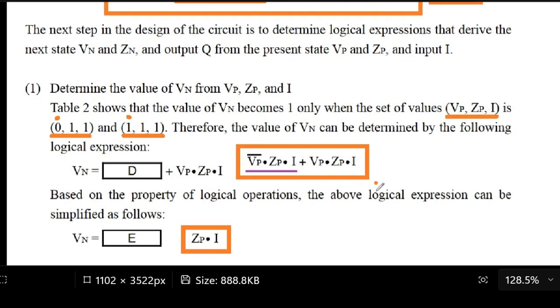And I put here the answer, which is this one here, is a given already: VP, ZP, I. Now what we need is the next set of logical expression. And the way to do that is to look at the first value, which is 0, as compared to the first of the other expression, which is 1.